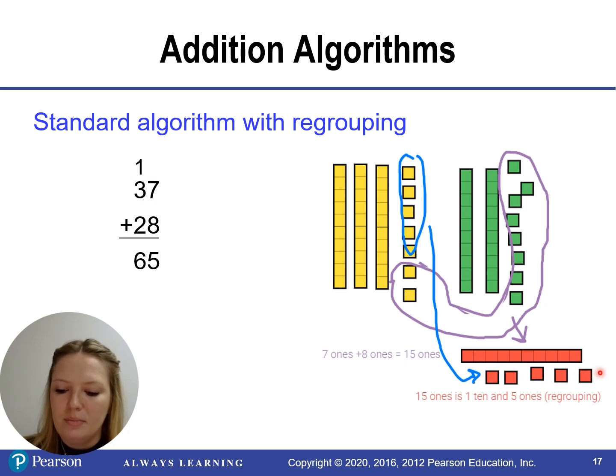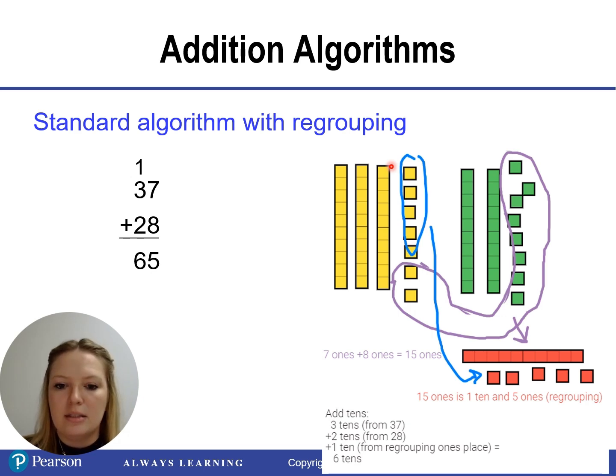And then when I go to find the sum, I'm going to add my 3 tens, my 2 tens, and my 1 ten that I got from adding my ones place together, and I get a total of 6 tens. So I'll have 1, 2, 3, 4, 5, 6 tens and 5 ones because I already counted all my ones earlier.